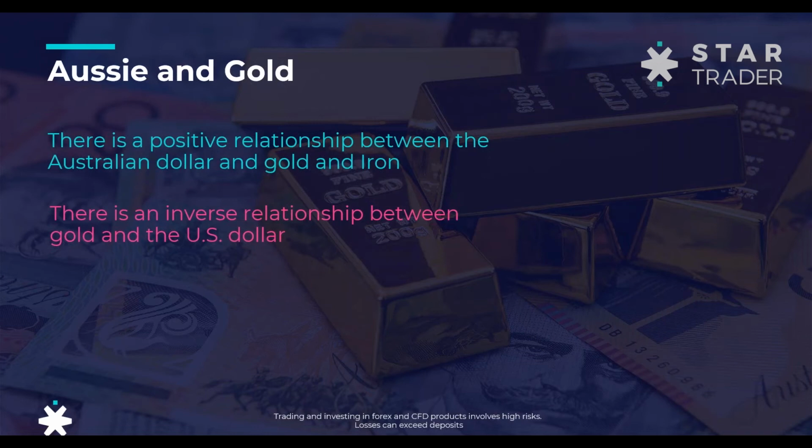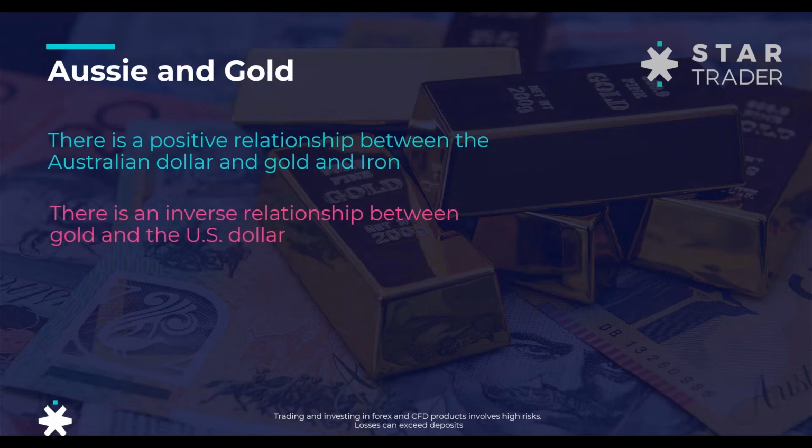For example, in the market nowadays, we're talking about interest rate hikes. We have interest rate hikes from the Federal Reserve, which is the central bank of the United States of America, that led the US dollar to go up, mainly measured by the US dollar index. We are seeing the US dollar index going up.